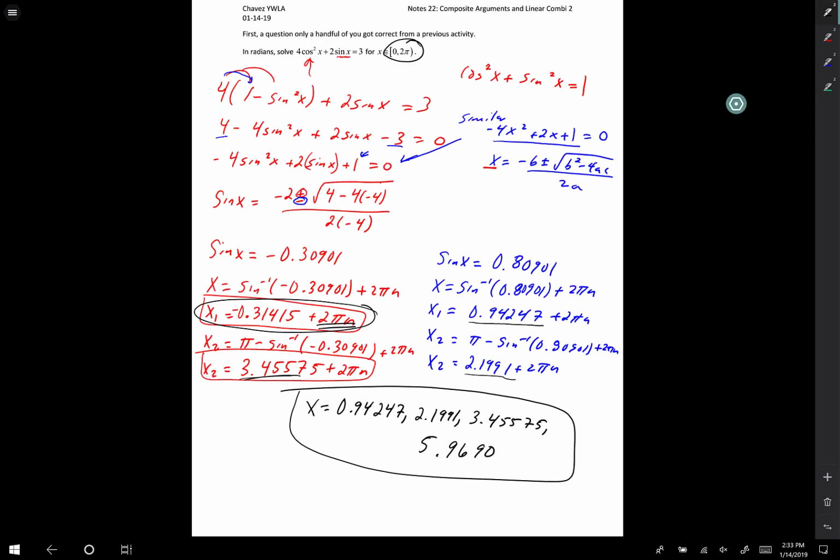Verify these answers, guys. How do we verify it? Yeah, graph it. Type this into Y1. Let me just do that really quick. 4 cosine x, close. I'm going to put a square on it. Plus 2 sine x. And then on Y2, I'm just going to type in 3. And then on my window, I'm going to type in 0 to 2 pi for x.